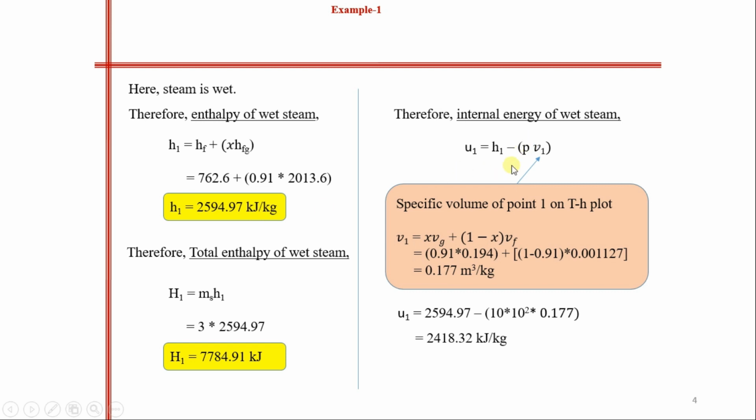That is why we are required to take the pressure in kilonewton. Multiply by volume in meter cube per kg. So we come to this value, 2418.32 kilojoule per kg. This is again specific internal energy. So internal energy is mass multiplied by specific internal energy, that is 7254.96 kilojoule.